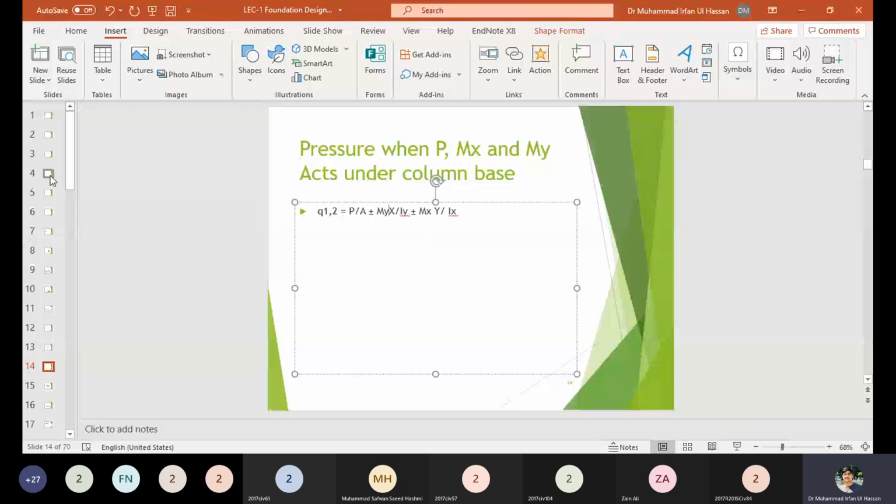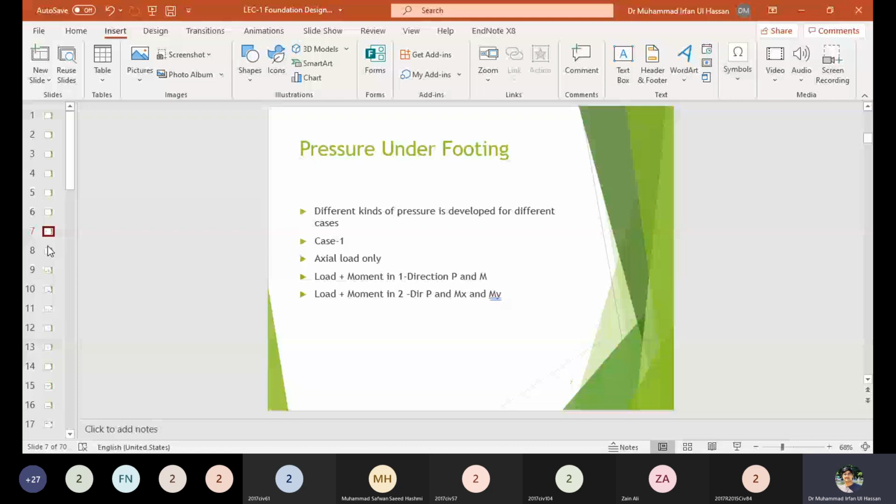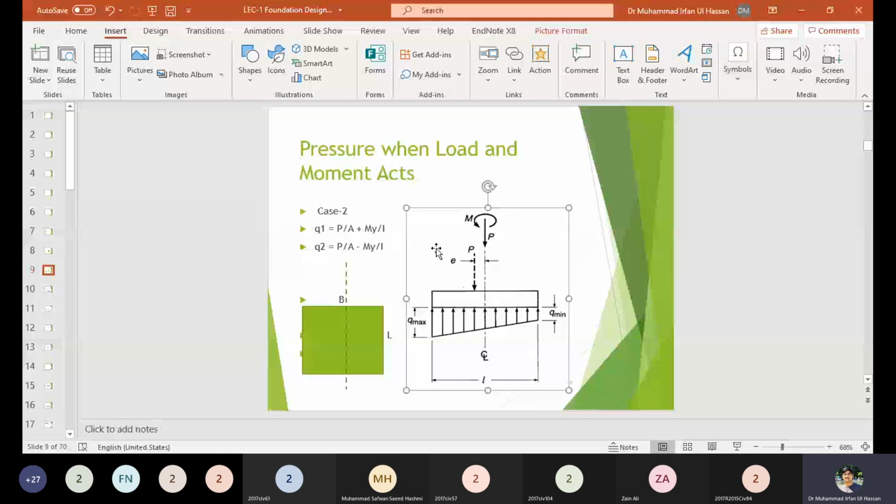For example, if I come to this slide जब movement present था, यहाँ पे different parameters क्या क्या हैं आपके पास. ये जो different parameters मैंने ये formula लिखा है.